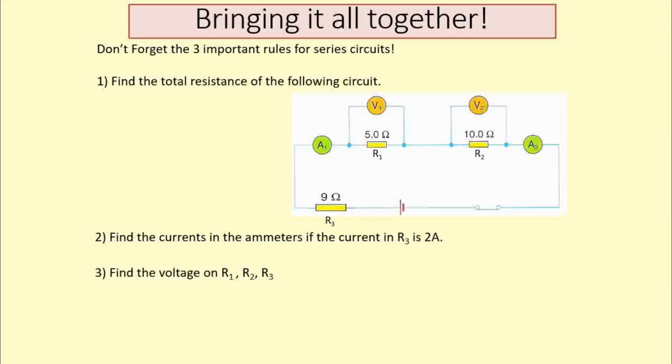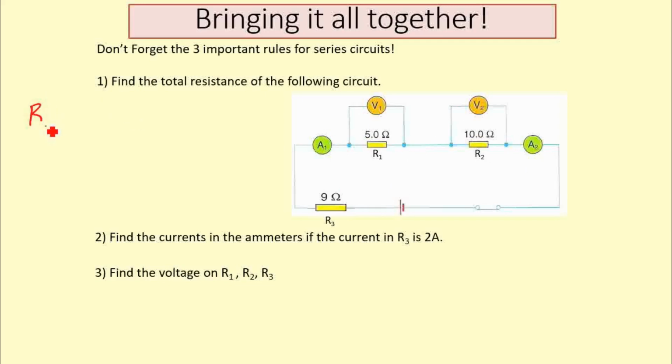Let's go through these questions. It says to find the total resistance in the following circuit. Remember the rule, resistance is added. It is a series circuit, so ignore the voltmeter for now.